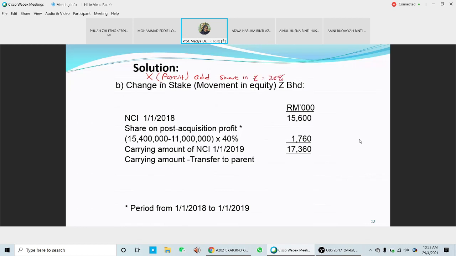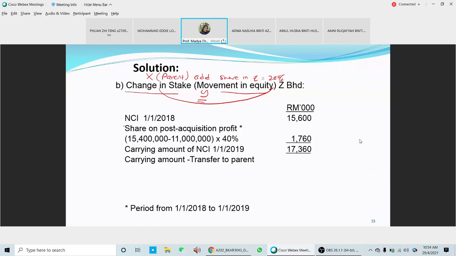So the parent already controls Z through Y. Once they buy additional shares, it is considered a change in stake. We account for a movement in equity because you already have control indirectly. So you need to refer back to your slide in part 1 on the movement of the equity.